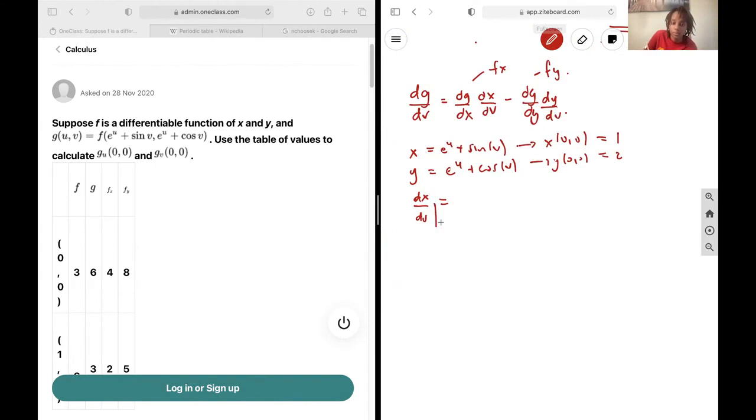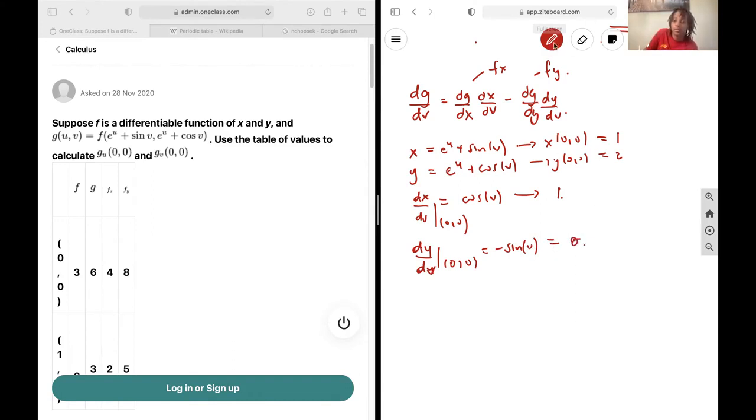So dx over dv evaluated at (0, 0) is going to be equal to cos v, and evaluated at (0, 0), that's going to be 1. dy over dv evaluated at (0, 0) is going to be negative sine v, and that's going to be negative 0.